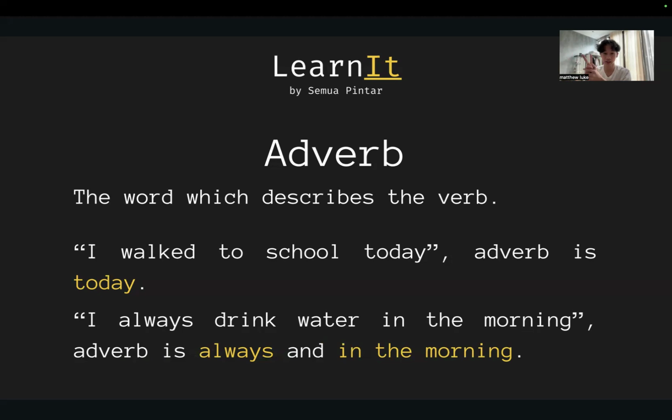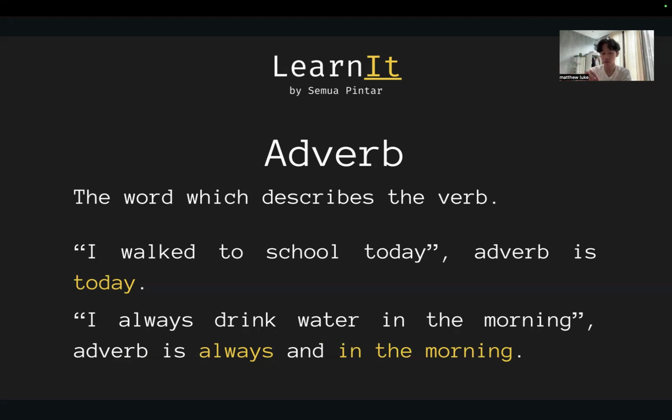Let's take a look at the second example, which has two adverbs itself. So this is one of the more common ones, which is being descriptors of how likely or how often something happens, and the time something happens, which is usually allocated to the adverb itself. So let's look at this. I always drink water in the morning. So obviously, you could shorten this to become I drink water, right?